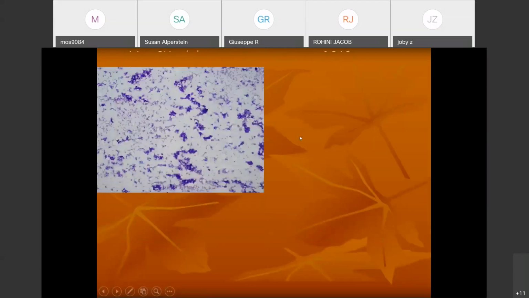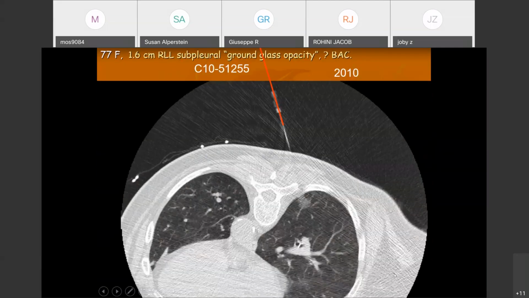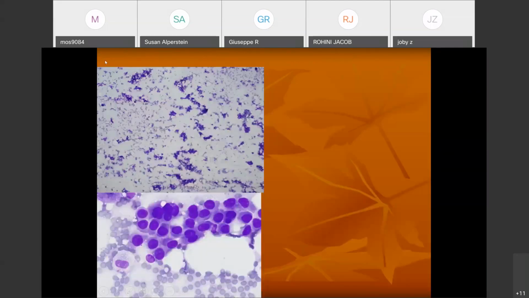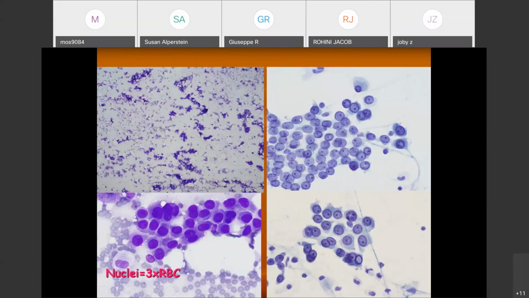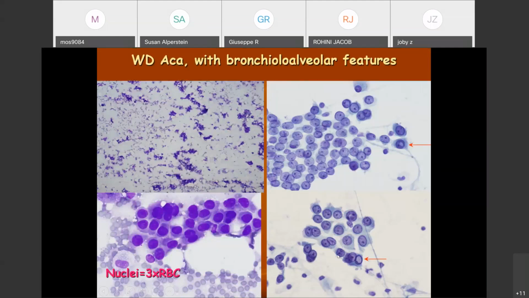So they aspirate that lesion, and then it shows the cells are much bigger than red blood cell, 3 times, so it's malignant. And then it has an inclusion. So I signed it out as a well-differentiated adenocarcinoma with bronchoalveolar features.